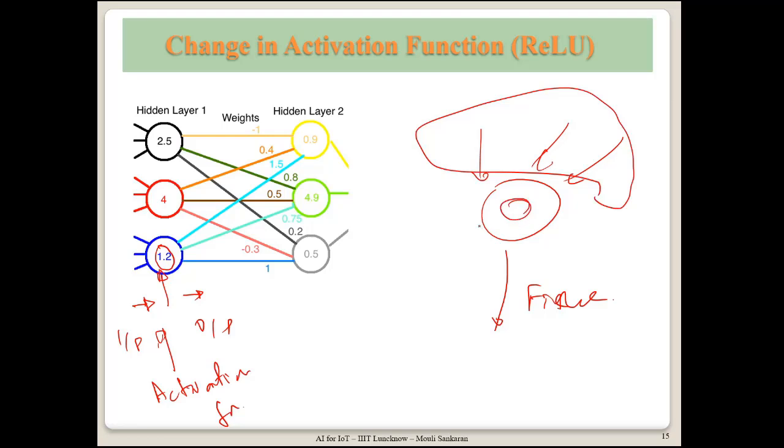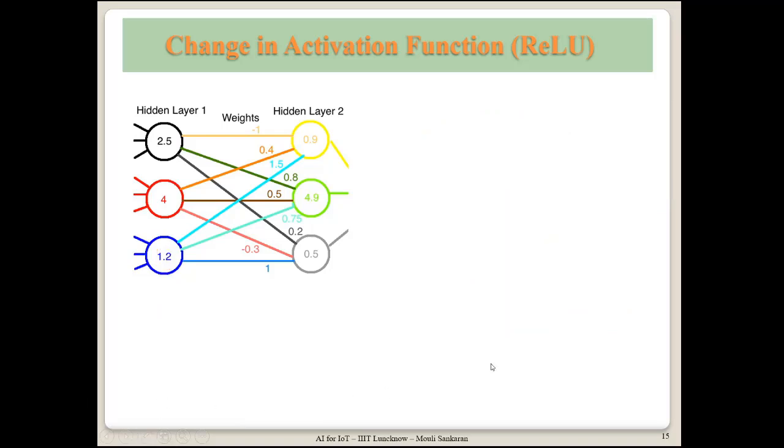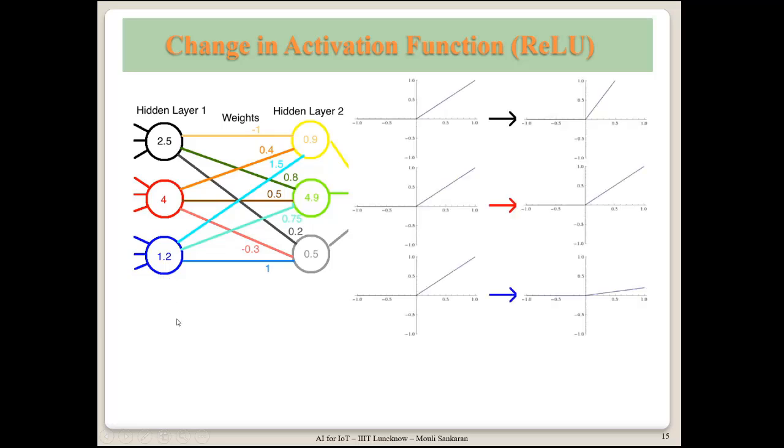That means if the value coming in as an input is more than something, then it will output something. So the activation function is what the output should be based on the input, and if the input crosses something, it will give something else. If it is below something, it may give some other output. It may be a binary output, maybe 0 and 1, or a value between 0 and 1 based on the input value. That is the activation function, which is given at each node.